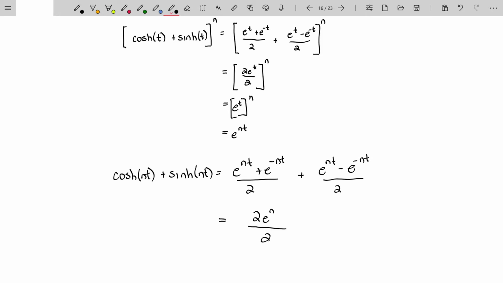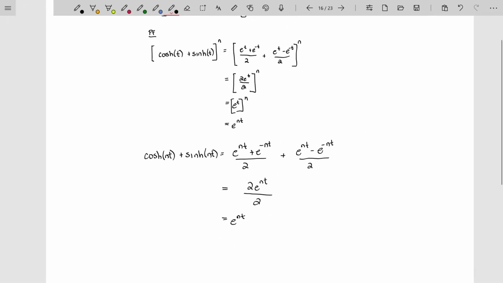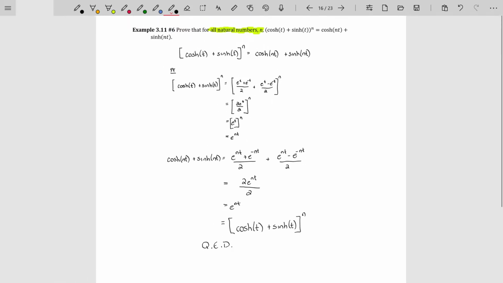You have 2e to the nt. And then e to the negative nt minus e to the negative nt, they cancel. And so this just becomes e to the nt, which we have just proven is equal to the cosh of t plus the sinh of t raised to the nth power. QED, we've done it. Very interesting statement. That's a really neat result.